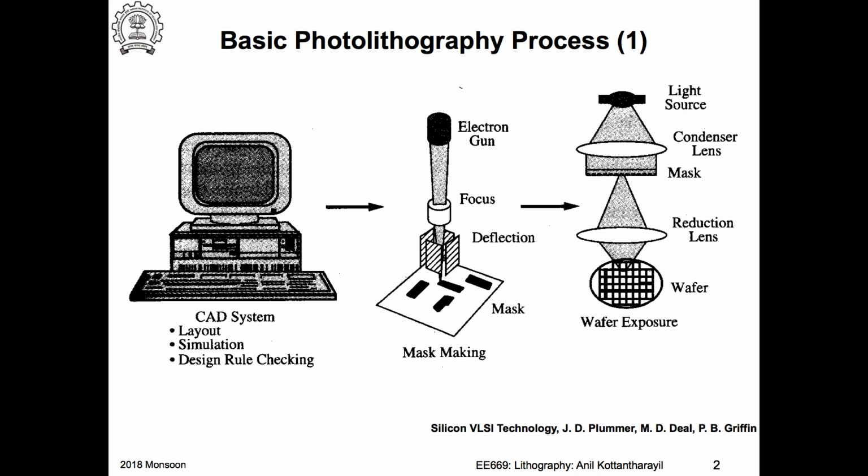You have some photosensitive material on a plastic roll, and then you expose it to light, and then you take it to a dark room and develop it. Same process. Essentially, you are etching out the photoresist, or in this case electron beam resist, from regions which are either exposed or not exposed to the electron beam. We will see that difference later on.